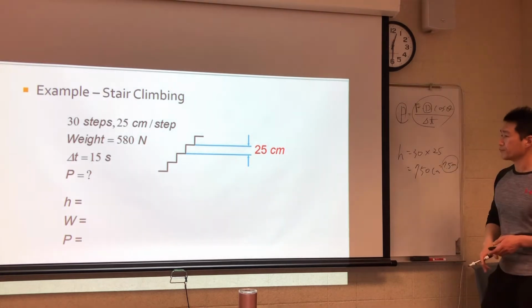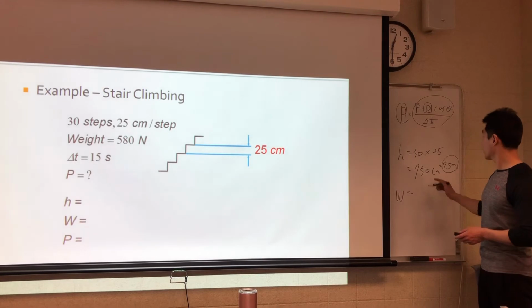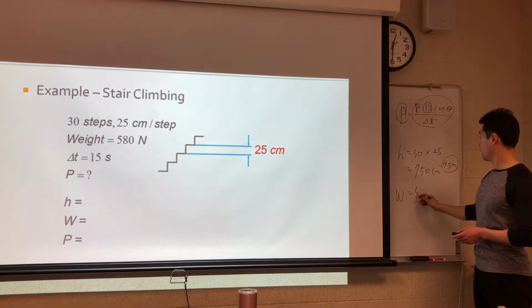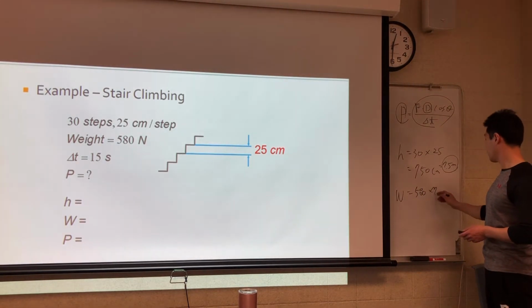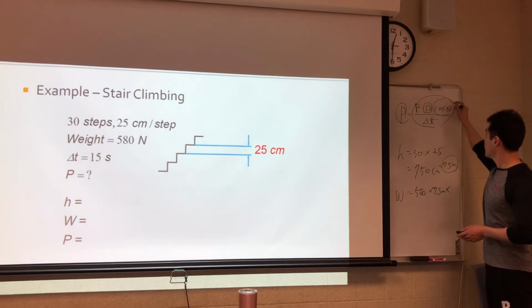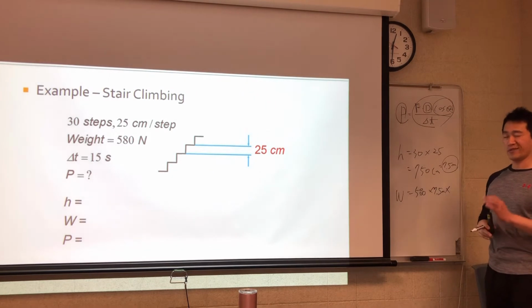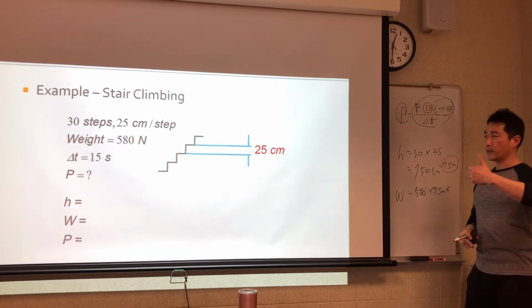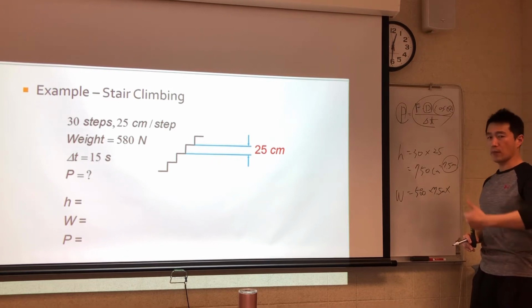And the work. So here F is 550 times 7.5 meters times cosine theta. The angle between force and displacement will be 0 degrees, because he is moving upward and at the same time the force is acting upward too.